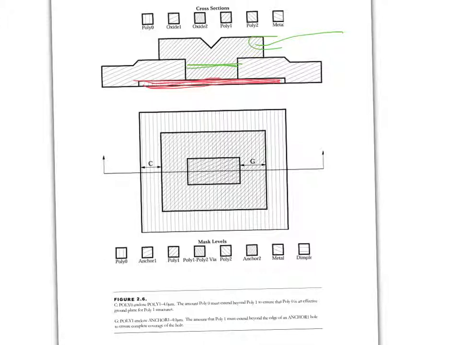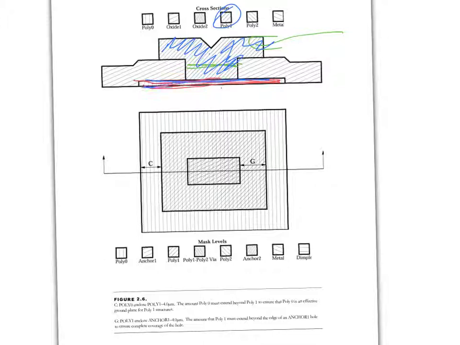What do you think that is? The hash is poly 1. So this is poly 1. So the hole we made in the last slide, we just filled it with poly 1. So we're connecting poly 1 to what? Poly 0? You agree?